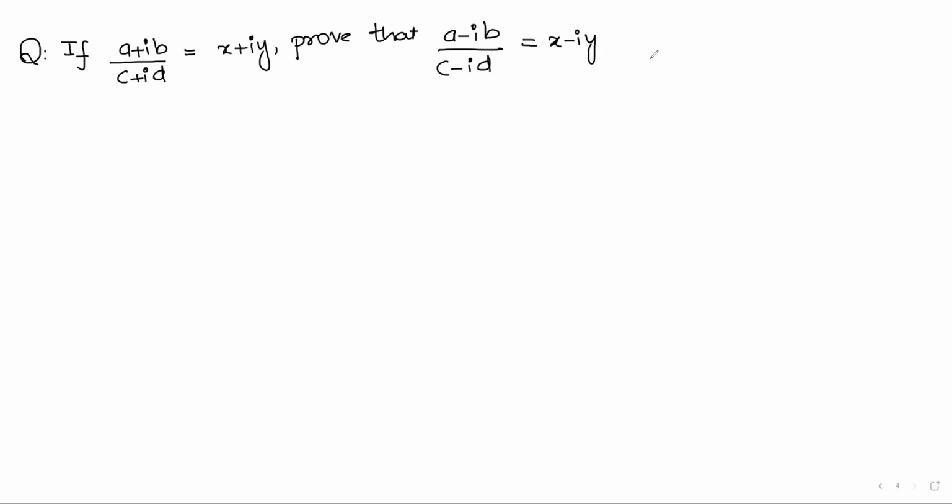Okay, first you need to prove this, then you need to prove this one: (A² + B²)/(C² + D²) will be equal to X² + Y². Okay, please try to do this question, and if you have any doubt, then I will help you.